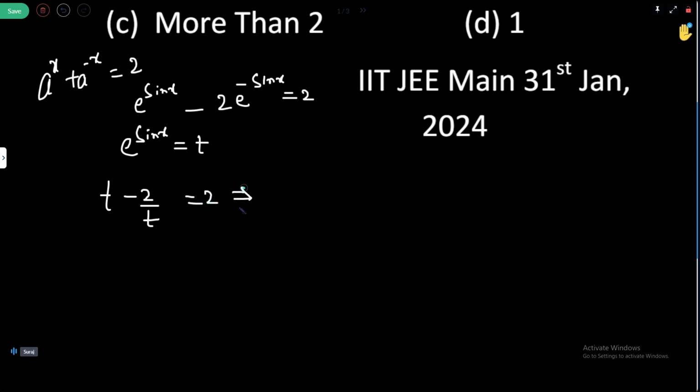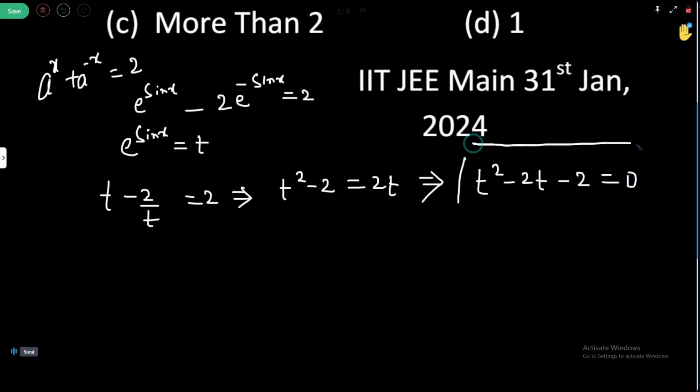Let's solve it. Then t square minus 2 equals 2t, or it can be written as t square minus 2t minus 2 equals 0. This is a simple quadratic equation.